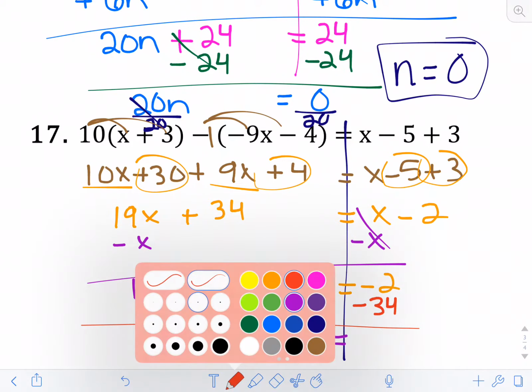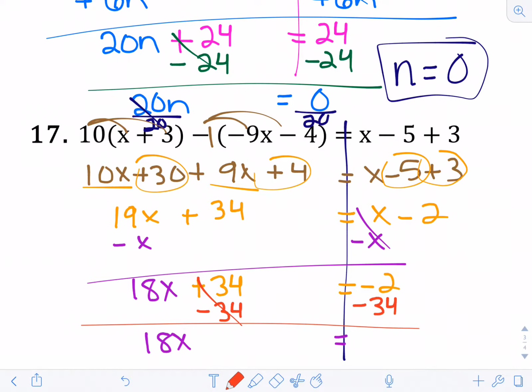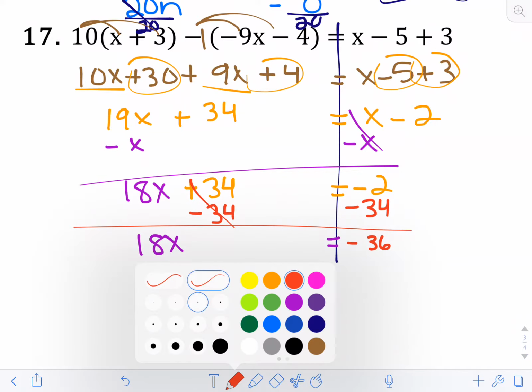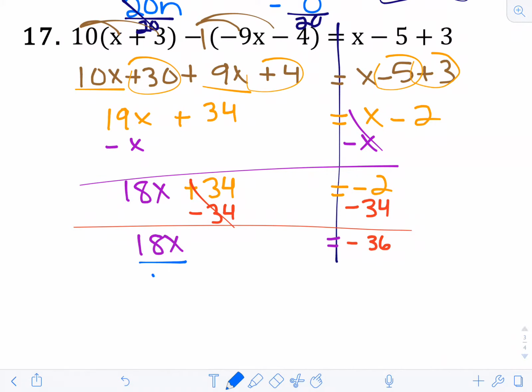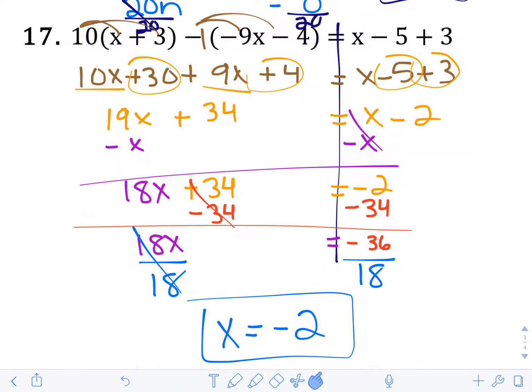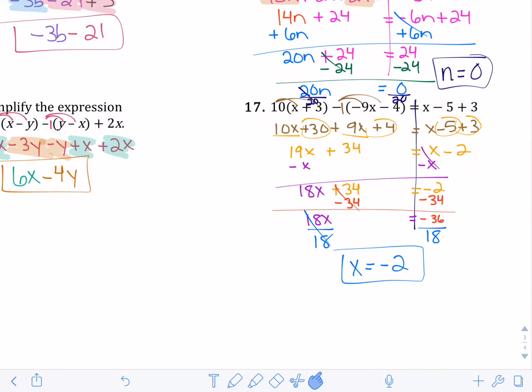And over here, when I add those together, because they're both negatives, I get negative 36. Last thing I have to do is divide both sides by 18. So 18 divided by 18, that gives me 1x is equal to negative 36 divided by 18 will give me negative 2.